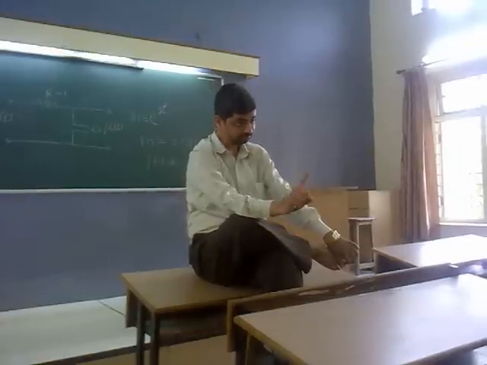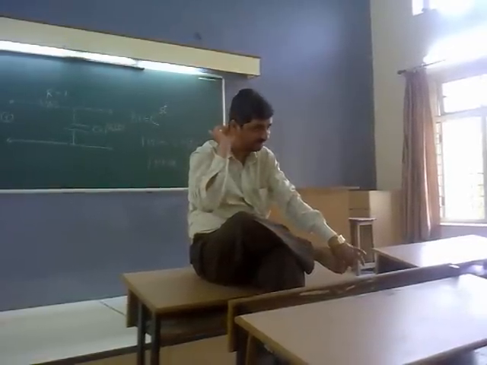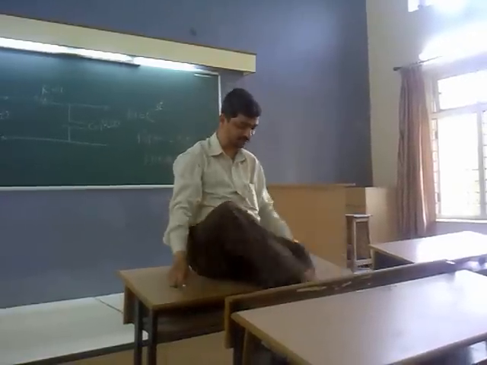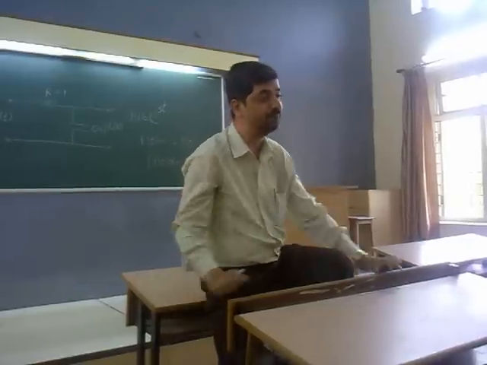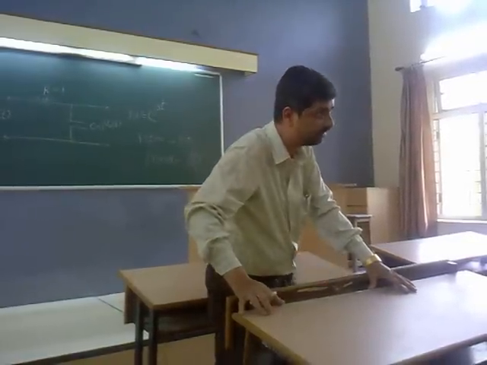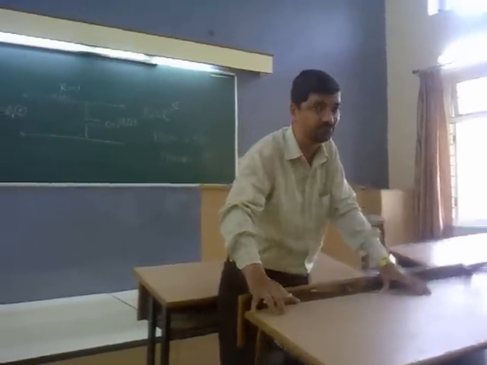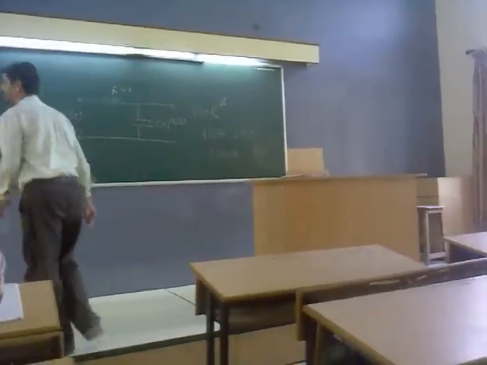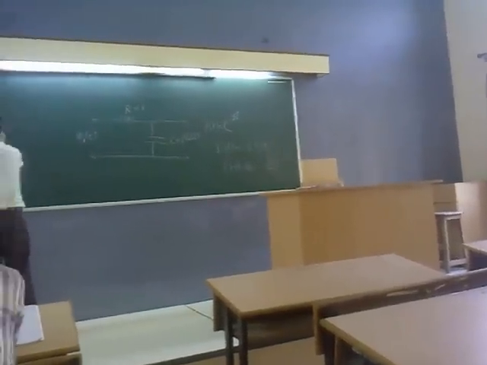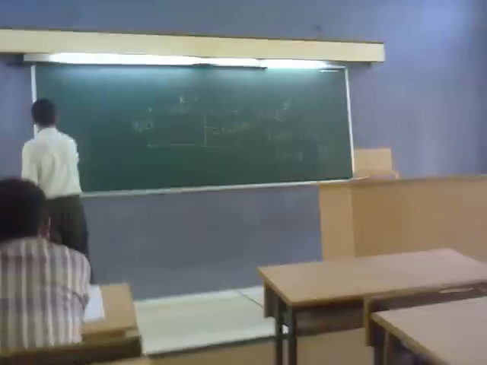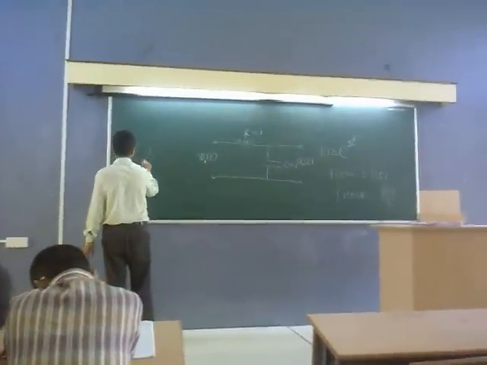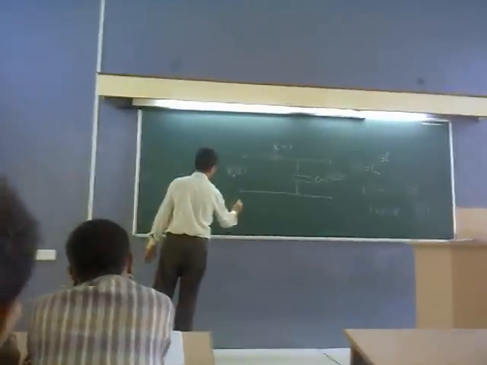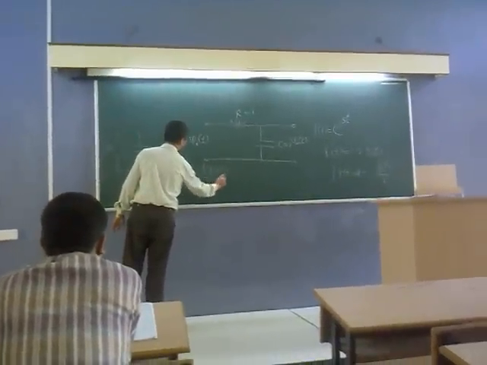So what equation can I write now? With this, the concept of impedance for a capacitor comes. I have V(t) and I connect a capacitor. I(t) is equal to C dV(t) by dt.